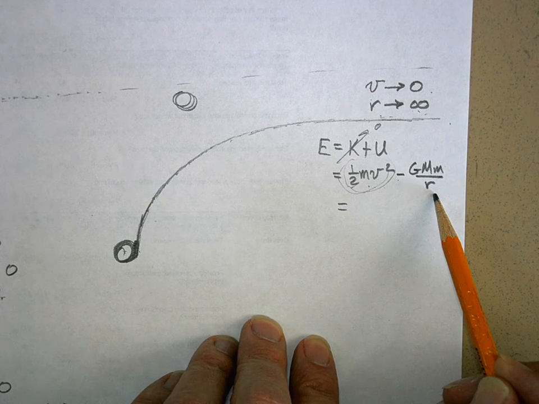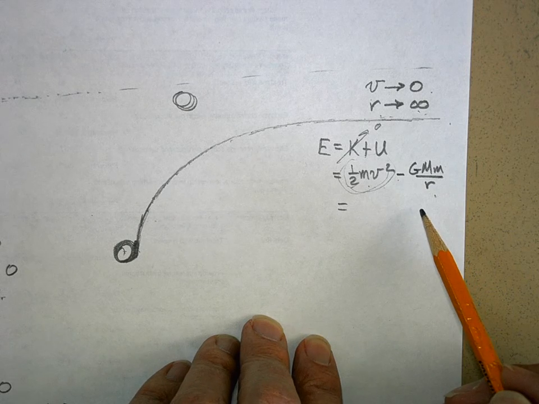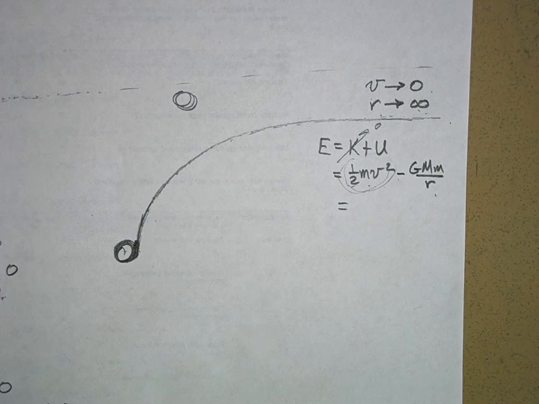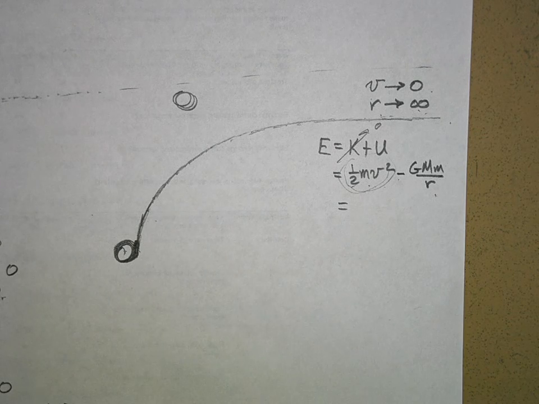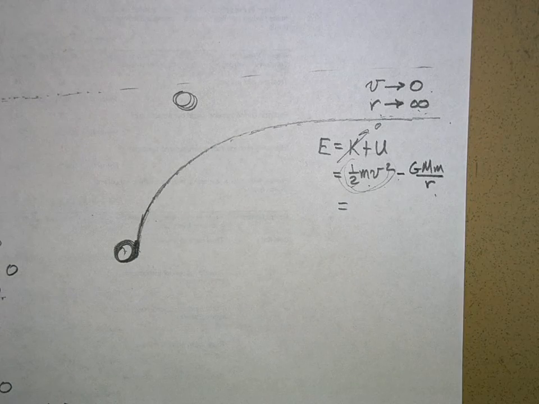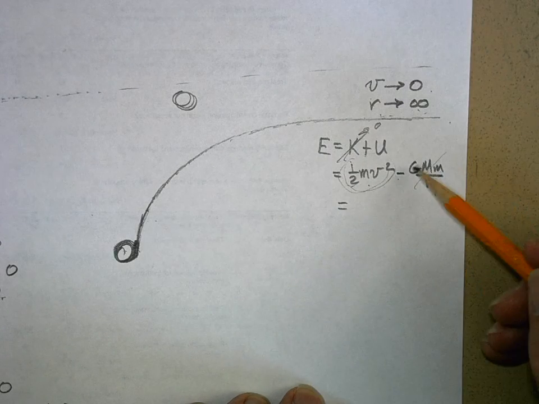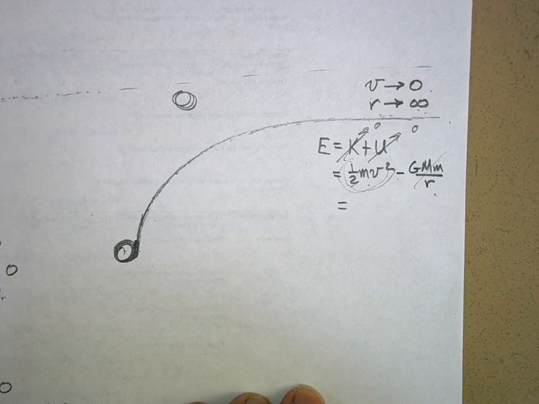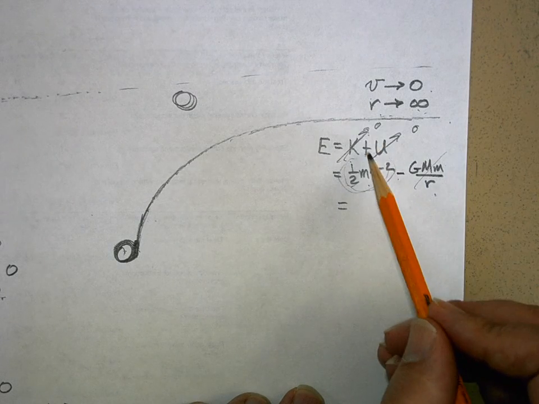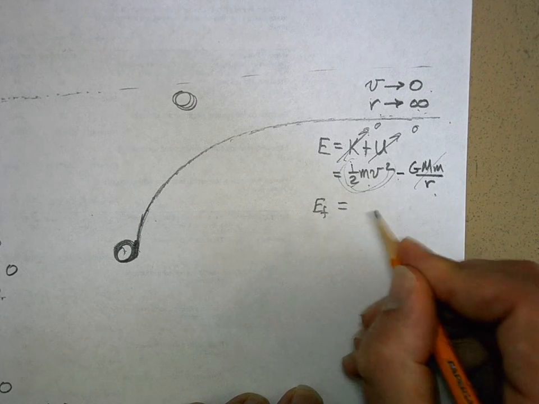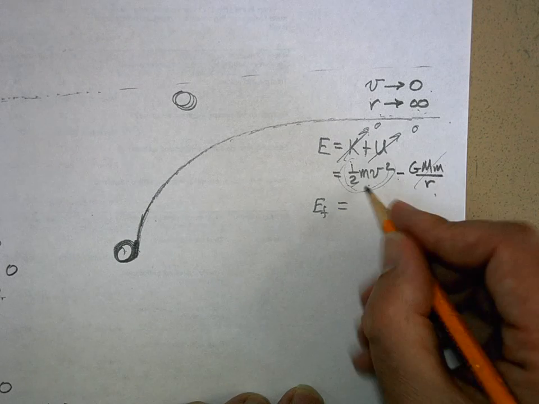Zero, right? It goes to zero. Yes, because when you divide by a humongously huge number, you get a teensy-tiny answer. So while this goes to zero, this also goes to zero. And something that goes to zero plus something else that's going to zero is going to zero. So E final, when you're really super far away, we can say is essentially equal to zero.